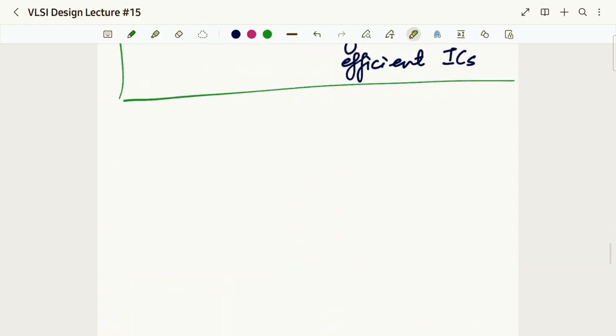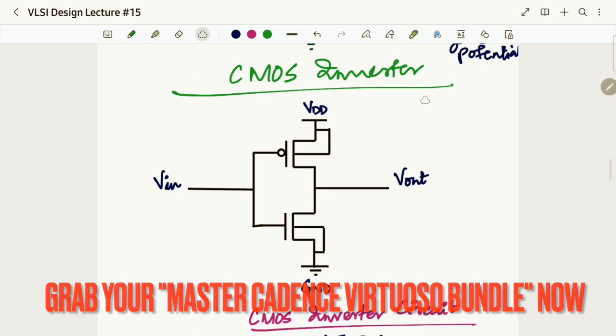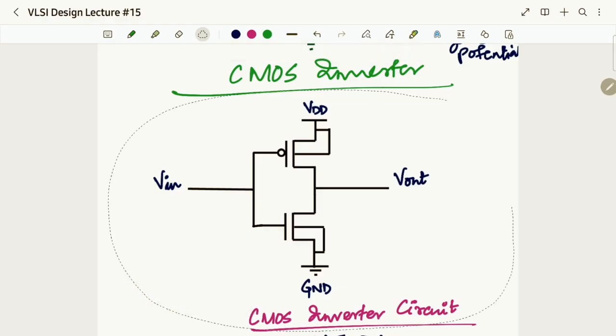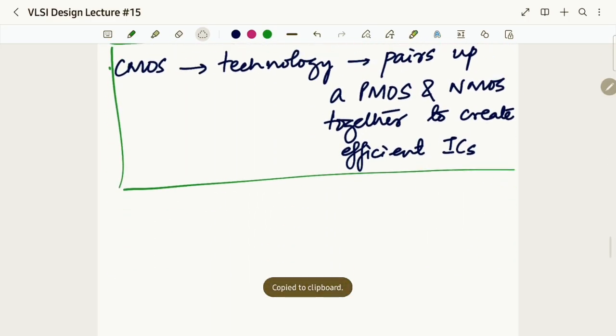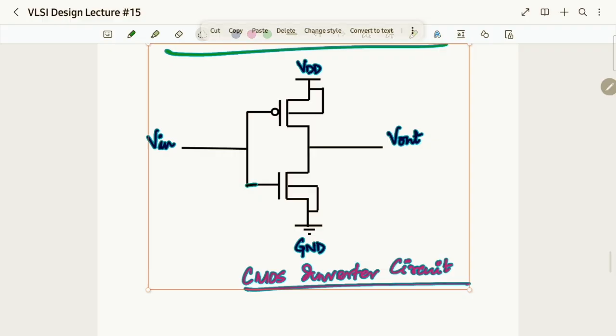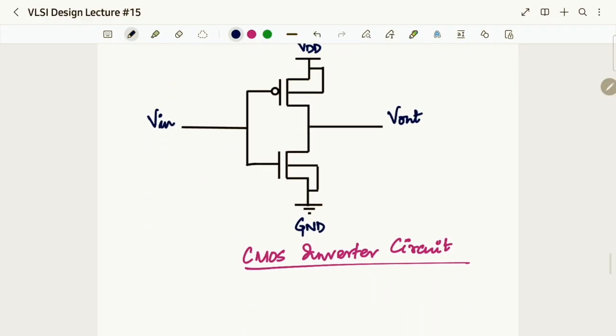That means whenever we are applying the CMOS technology for creating our inverter, when the input is zero logic, it is negative gate potential.